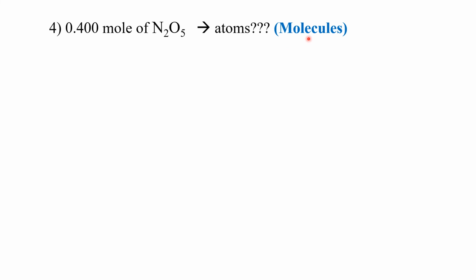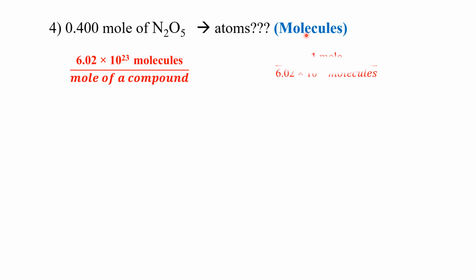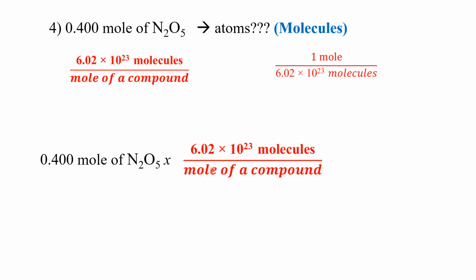Maybe it should be molecules. So again, the factors. The factor we should choose is one that contains mole in the denominator. So together, the given times the factor, mole will cancel out and molecules remain. That is the answer. Next number.